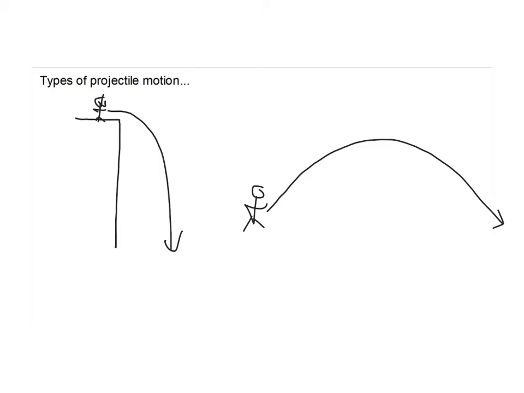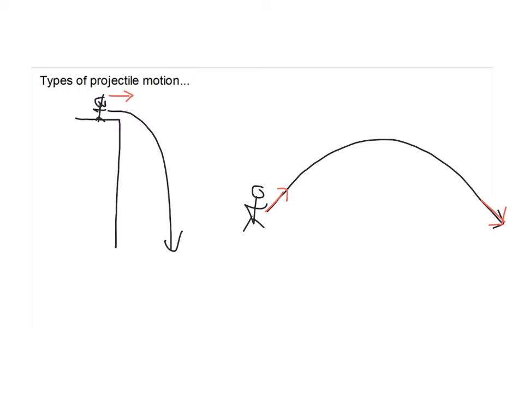Those are probably the two main types, where in this one we have an initial velocity going up and an initial velocity going down. In this one we only have an initial x velocity. There are some important differences between those.